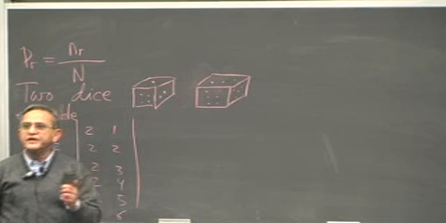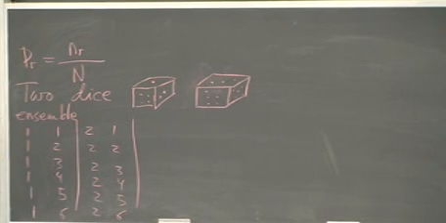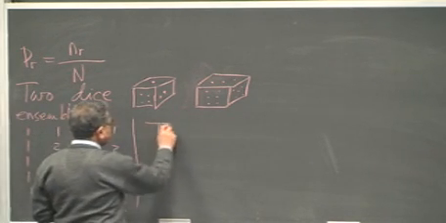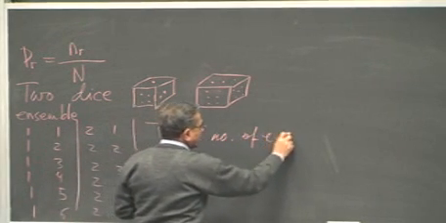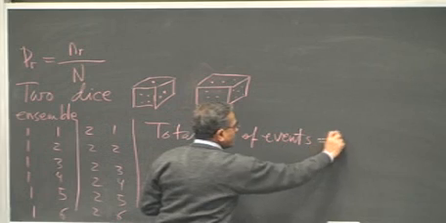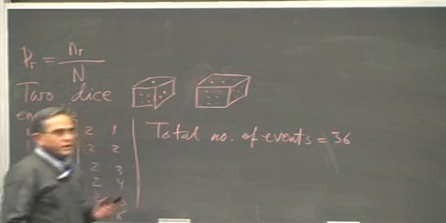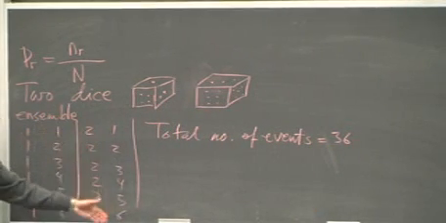The total number of possible events when you throw 2 dice together is 36. For each one of these, there are 6 of these possible.